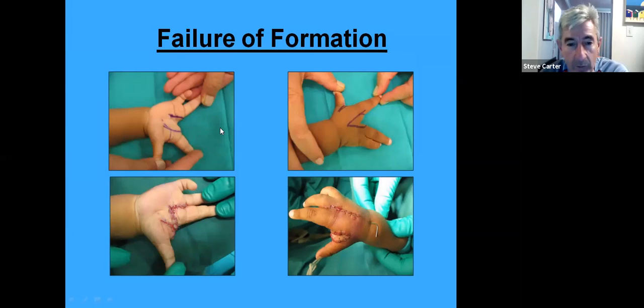So this procedure is called a Snow and Littler procedure, whereby you're using that central big flap of skin to transfer it into the web space, and you're shifting the index finger across. In the bottom right screen, I don't know if you can see my arrow, you can see now we've shifted the index finger across, K-wired in position.